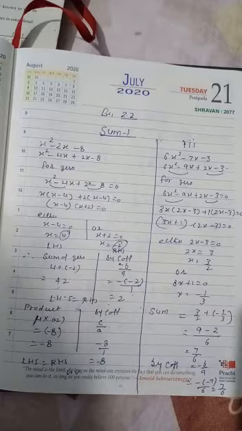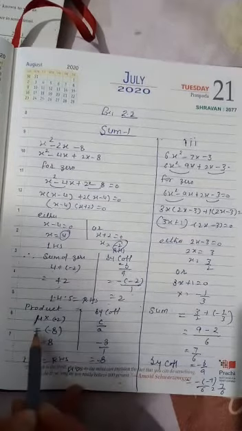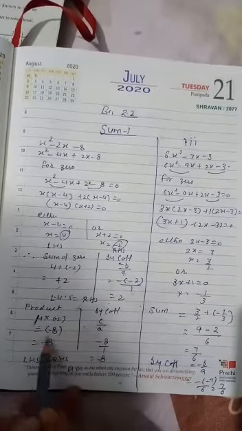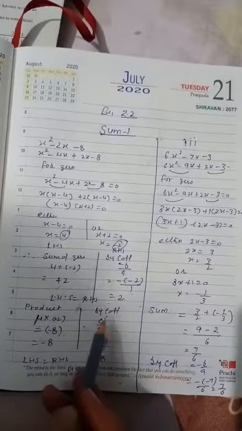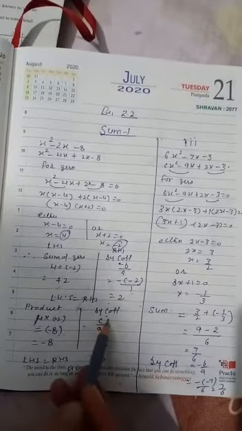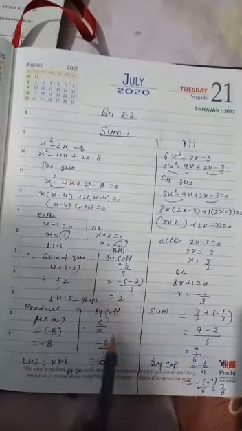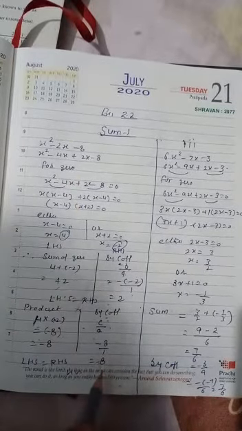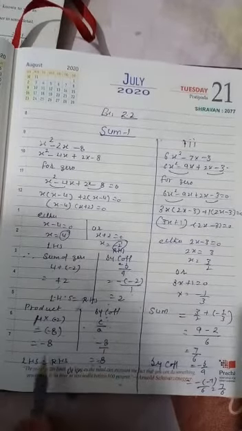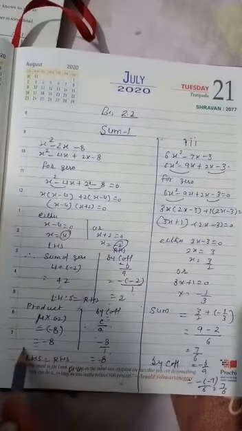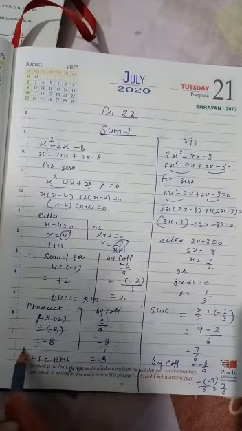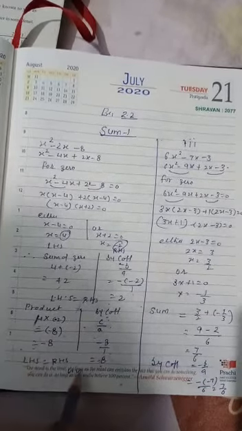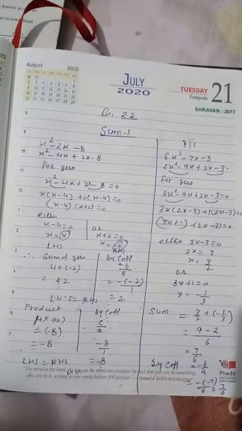In the same way, the product of zeros is 4 into minus 2, that is minus 8. By the coefficient formula, it is given by c upon a. c is the constant term, minus 8, and a is the coefficient of x square, 1, so minus 8 upon 1 equals minus 8. So both sides must be equal: the left hand side from the zeros and the right hand side from the coefficient formula. In the same way you can do the other part also.